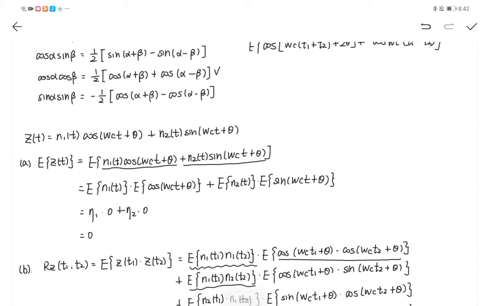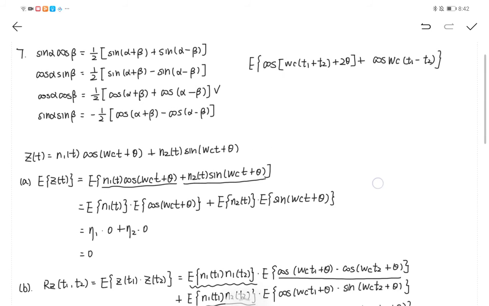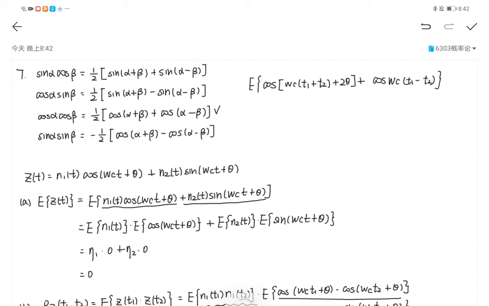Now we can see this part equals 0, and the expectation of this part equals cosine(omega_c tau). So the whole formula equals cosine(omega_c tau). Oh sorry, here is the half.